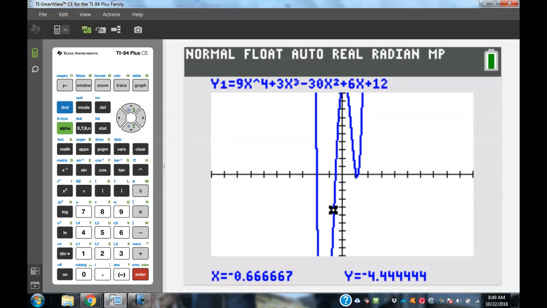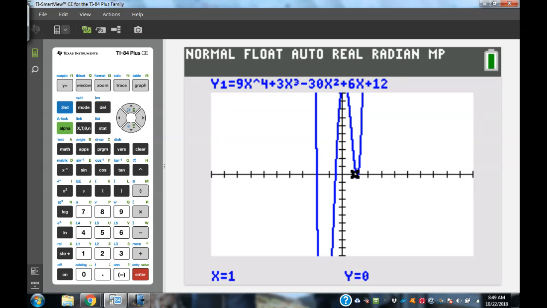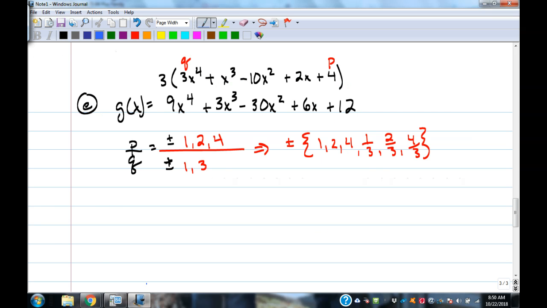Looks like maybe right there it's crossing at 1, maybe. So I'm going to try 1. Hey, yeah, 1 works. So far we know that -2 is going to work or +1 is going to work. It's also crossing the x-axis just to the right of that over here, which in our list, the only thing that could be would be +4/3.